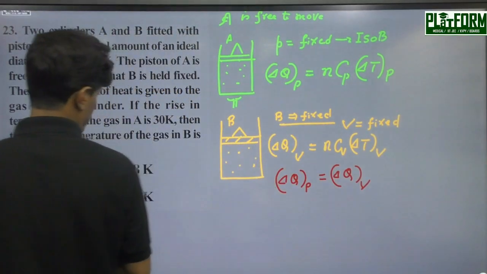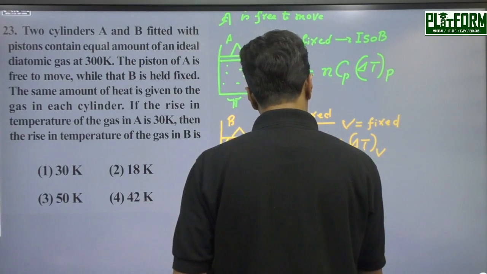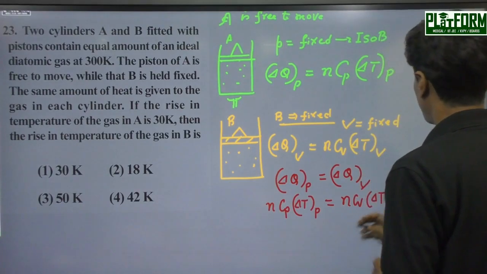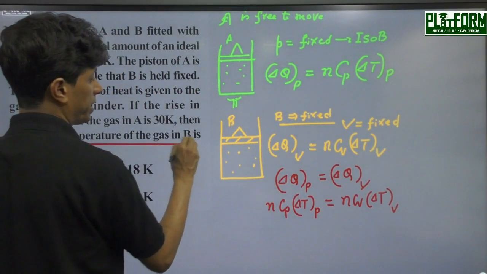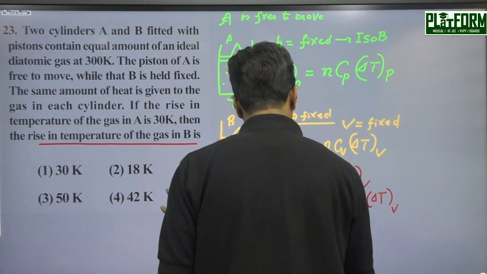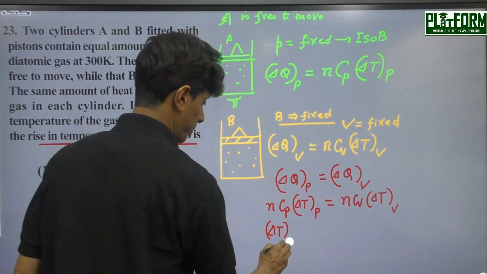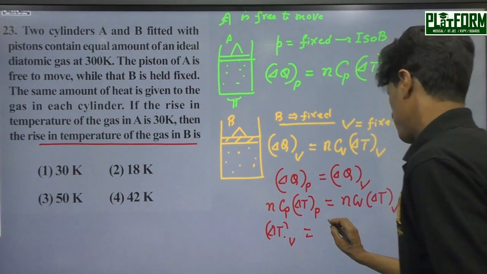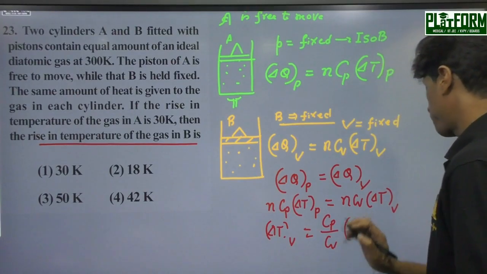If the heat supplied in both processes is equal, then we can say nCp delta T_P equals nCv delta T_V. The question asks for the temperature of the gas in B. So the temperature change of the gas in cylinder B, at constant volume, delta T_V equals Cp by Cv into delta T, the temperature change at constant pressure.